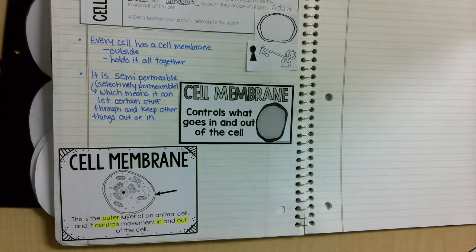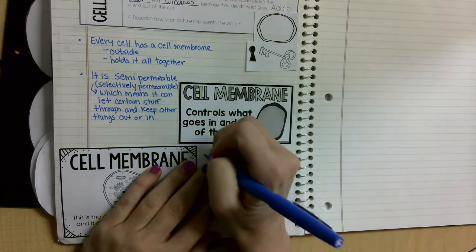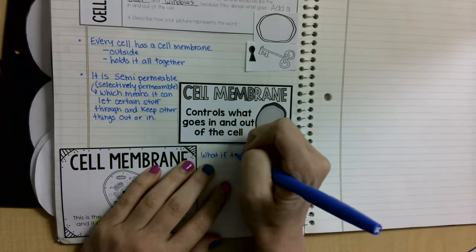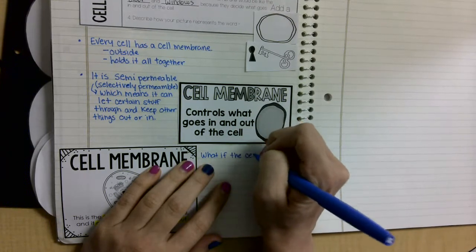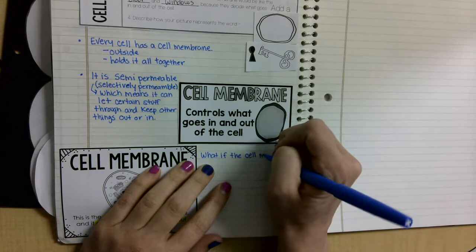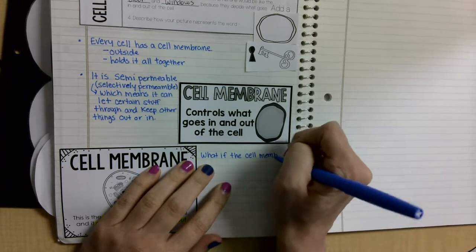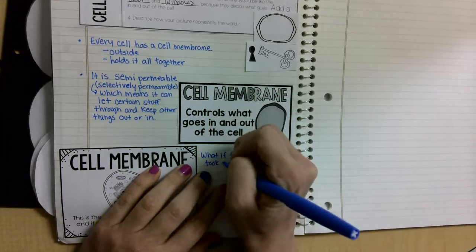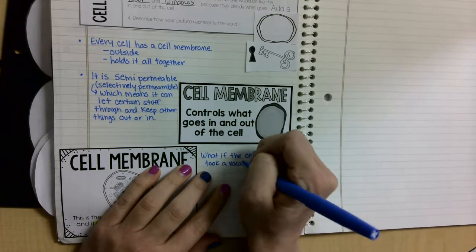what if this organelle went on vacation. So for the next page, hopefully I'll have a little spot for you for that, but you're going to have to write this time. What if the cell membrane took a vacation?